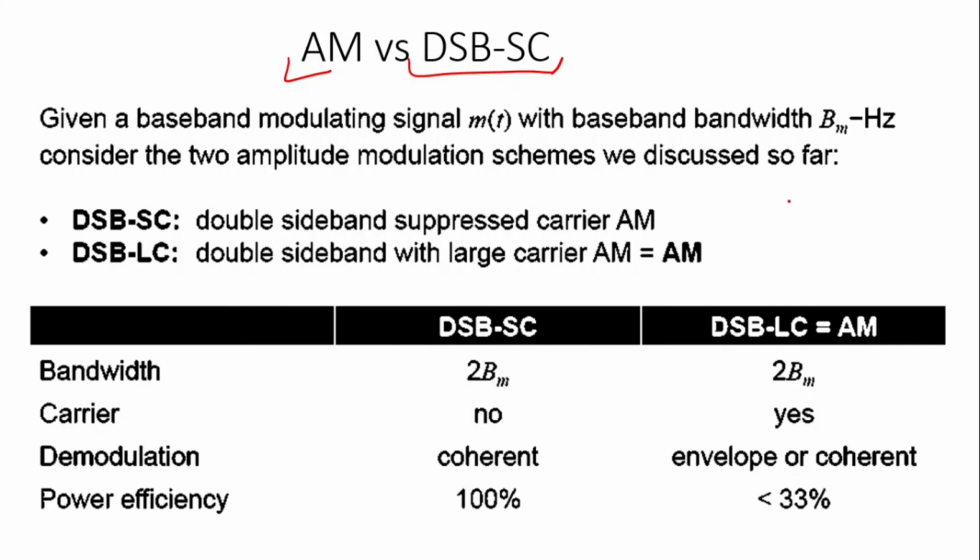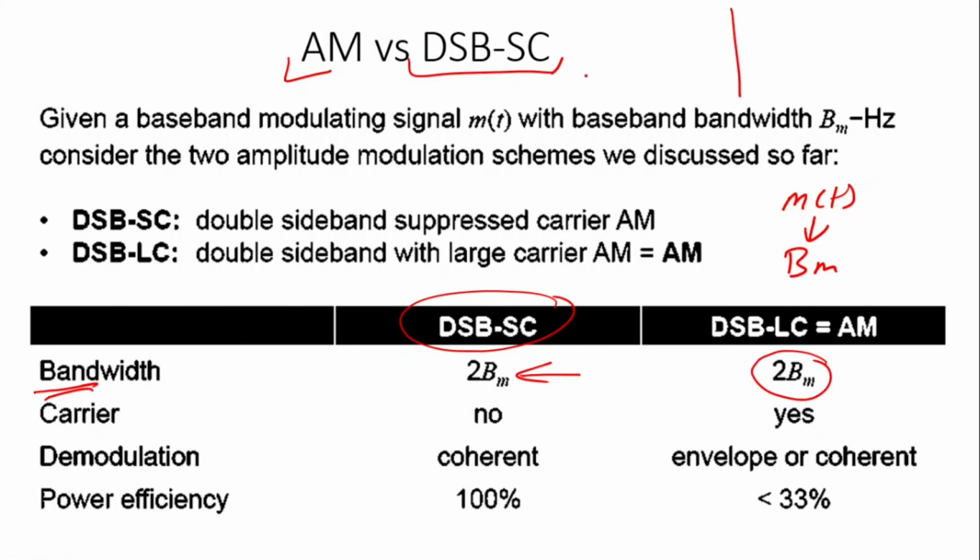Assume that we have a message signal m of t and the bandwidth of this message signal is Bm. So the overall bandwidth of double sideband suppressed carrier is 2 Bm and that of the large carrier is again 2 Bm, because the only difference between the two is that in one you have a carrier and in another one you do not have a carrier.